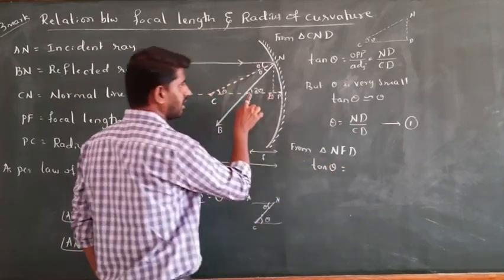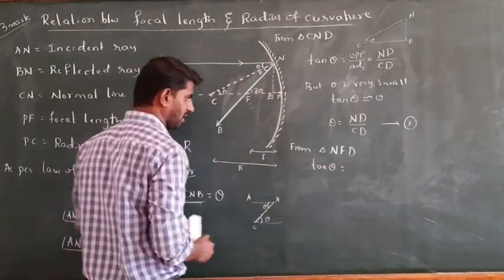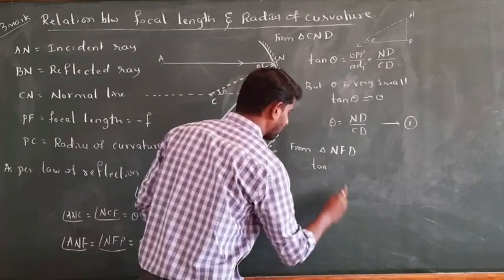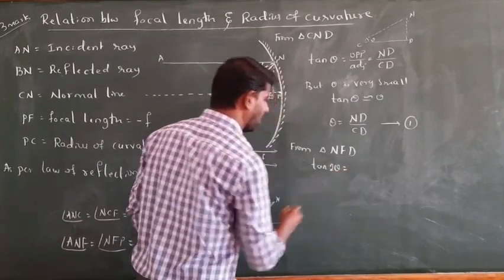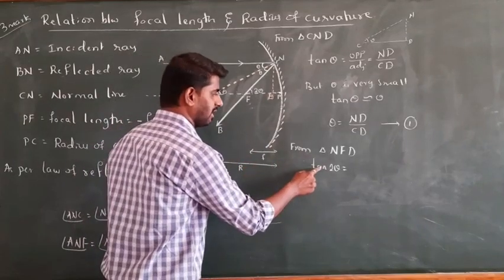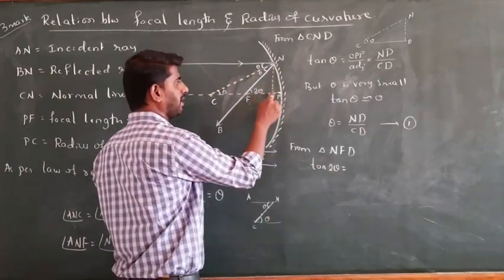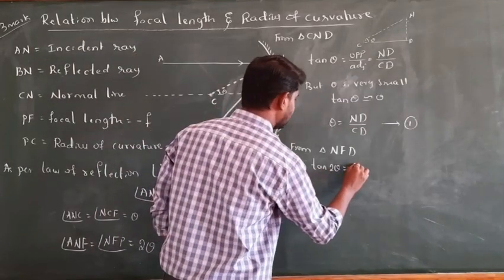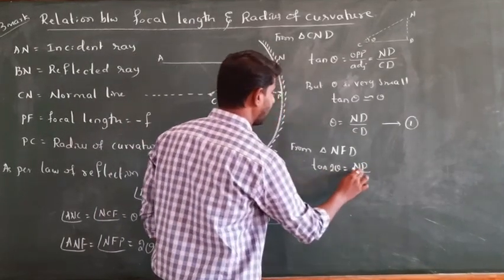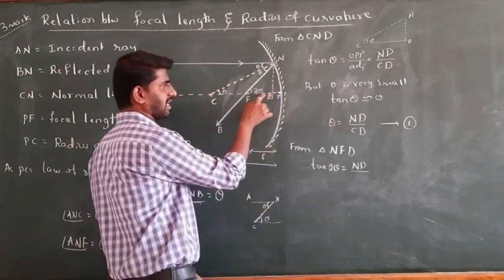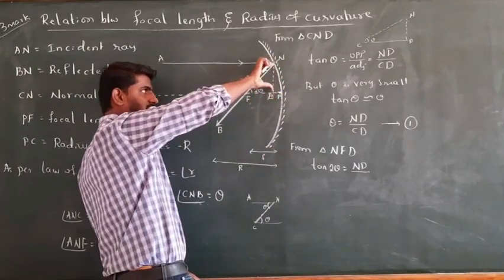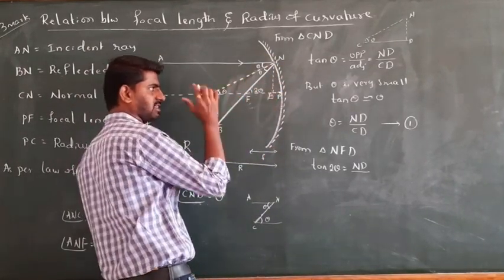Tan of, it's not theta, now the value of the angle is 2 theta. So that's why tan of 2 theta is equal to opposite side divided by adjacent side. Opposite is ND and adjacent side FD.